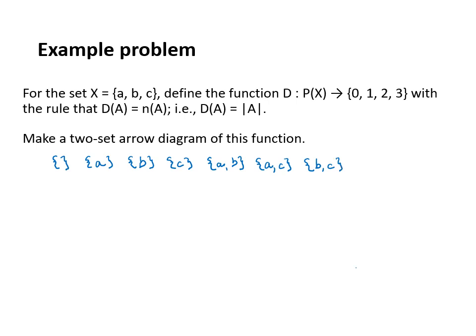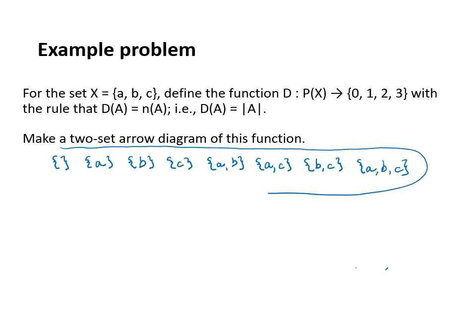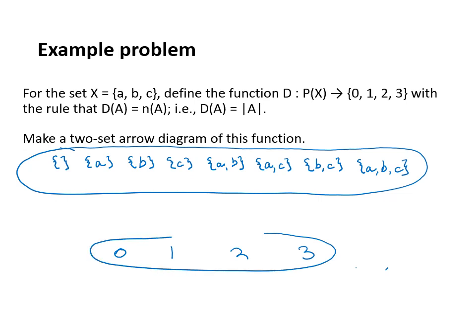And then we have the whole set, {A, B, C}. So this whole thing is our domain. And then the codomain is just 0, 1, 2, 3. So there's the codomain, and now we have to connect them.